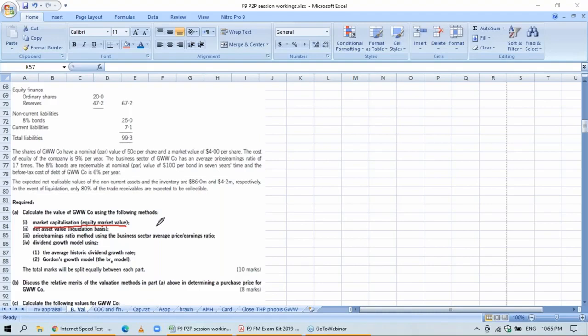Price of one share multiplied by the number of shares. Then net asset value, then price earning ratio method, and then dividend growth model, using historic dividend growth rate and Gordon's model. So this is how we are going to calculate the value of GWW company. These 4 methods: market capitalization, net asset value, price earning ratio, and dividend growth model.